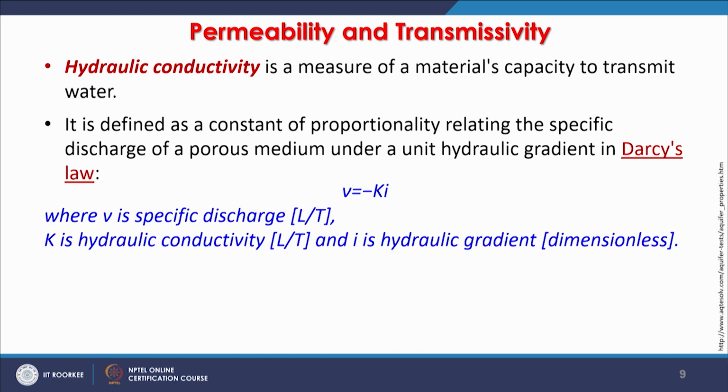Here V equals minus K I, where V is the specific discharge, given in length per unit time, and K is the hydraulic conductivity, that is L upon T again, length upon time, and I is the hydraulic gradient.